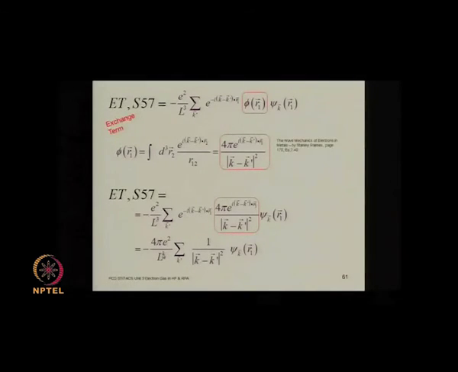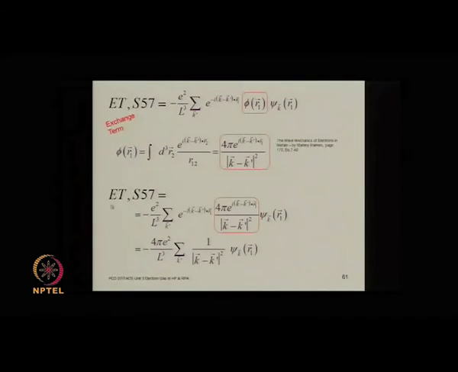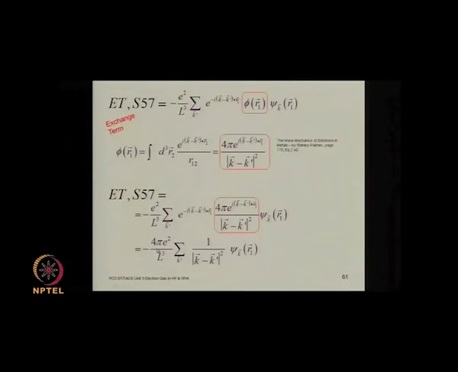Now, you see the advantage of doing what we did, that you have the exchange term as minus 4 pi e square over L cube, summation over k prime, 1 over |k minus k prime| squared, times this orbital. Okay. Now, this term in the blue box inclusive of the minus sign is what I write as epsilon k.